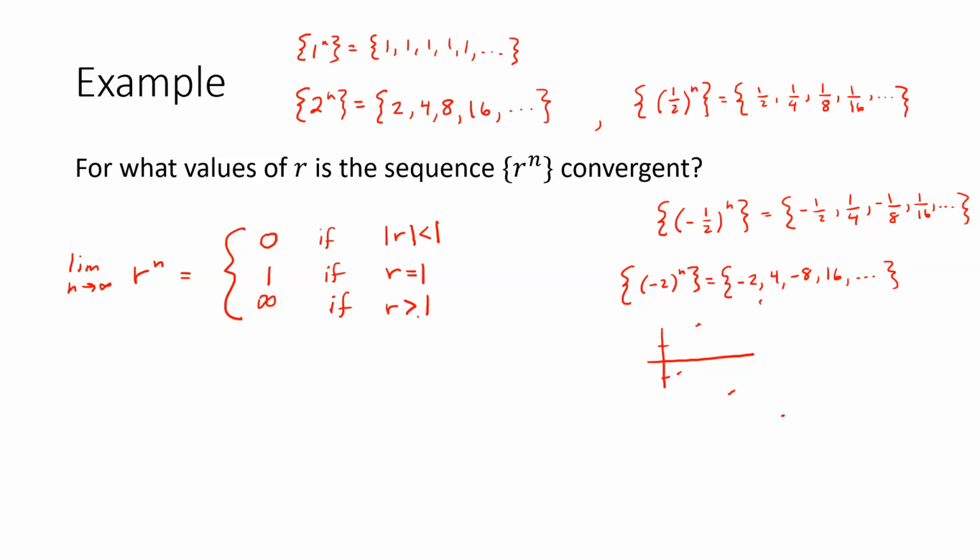So in this case, it would also be divergent. If r is less than -1, I might say the sequence just does not exist. It doesn't go to infinity because some of the terms are going to positive infinity, while other terms are going to negative infinity. Okay, so there's our different cases that could happen here.